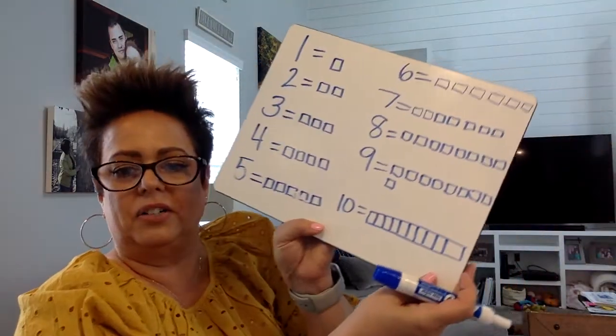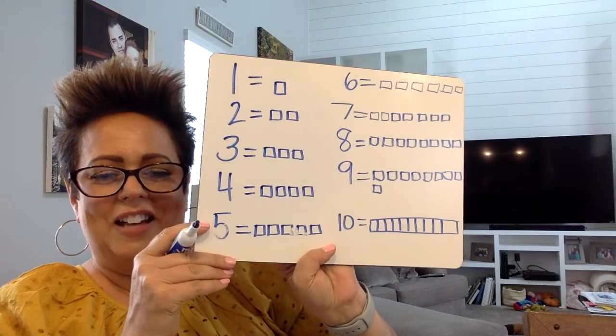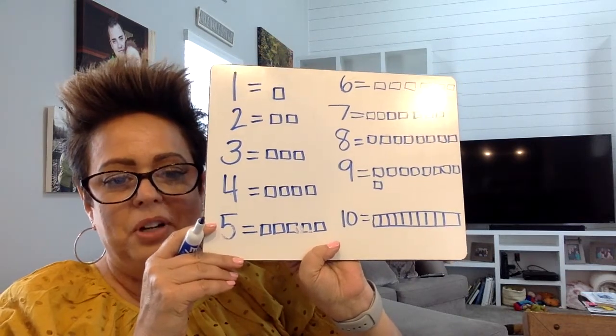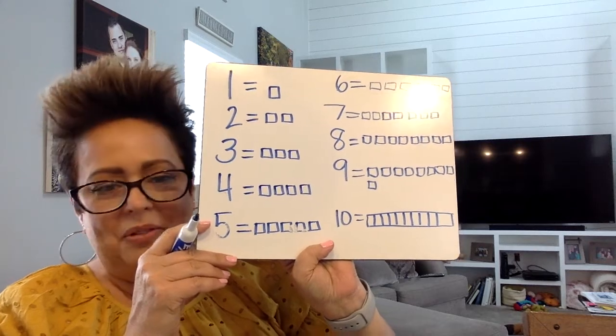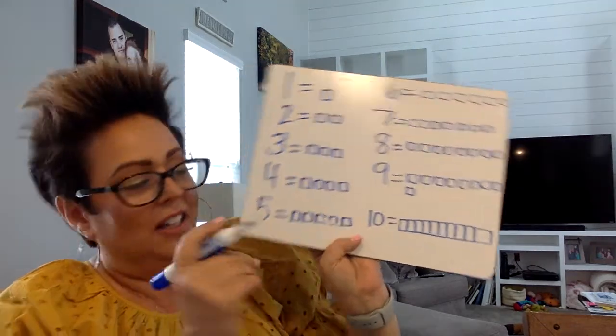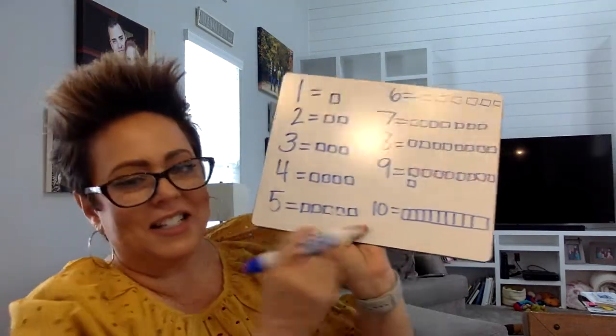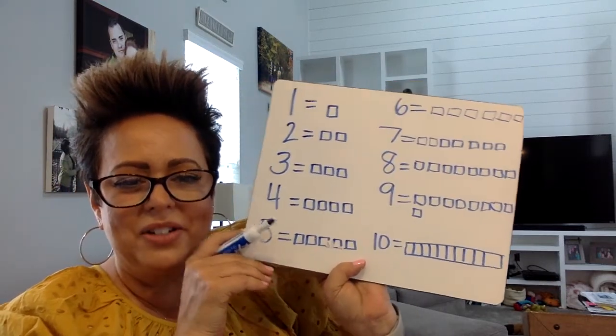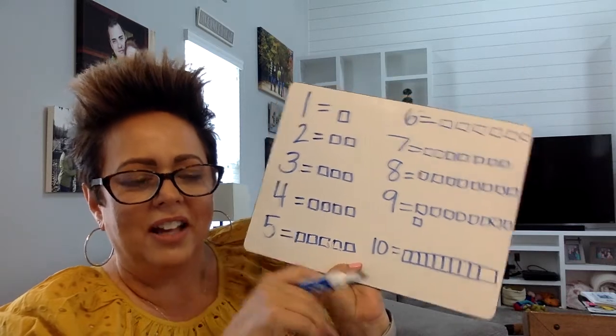And I don't need to draw another line for the last one. That's 10. Now, every time we're going to show a 10 group, I don't want you to worry about making this look like exactly 10 cubes, because we know it's 10. So we're just going to do a long rectangle, and we're going to color it in. So this is the part where you need to erase.